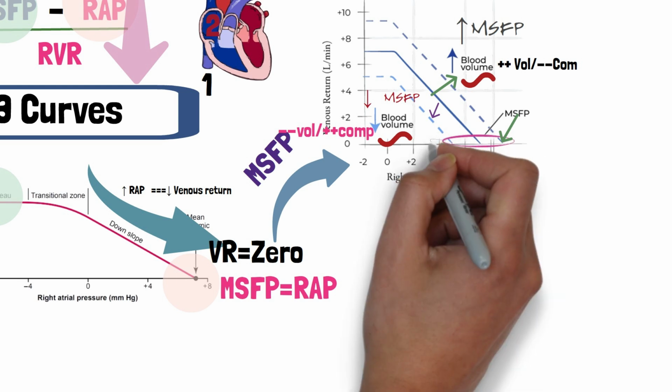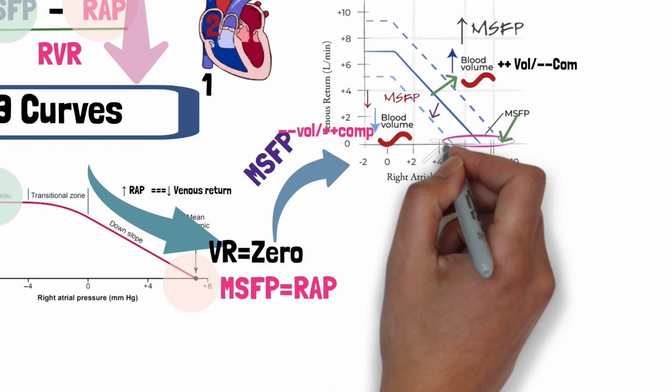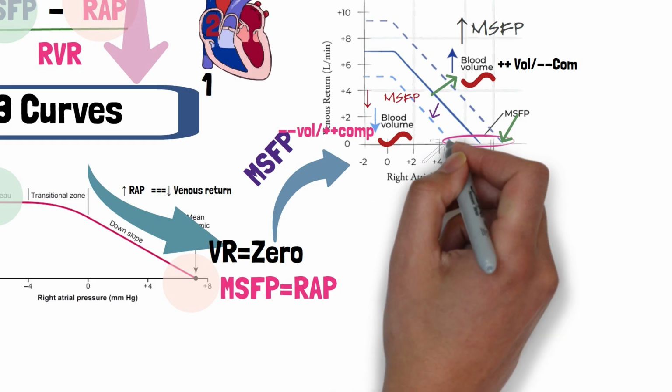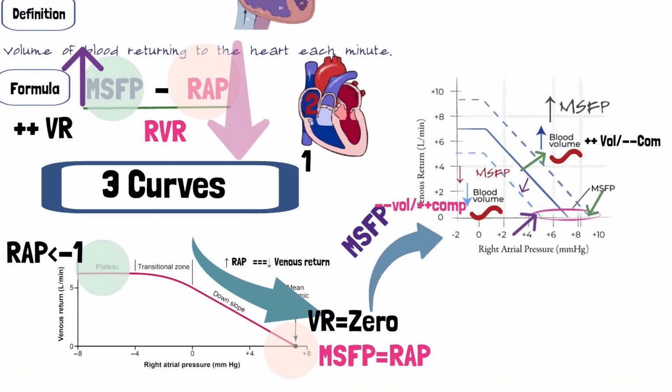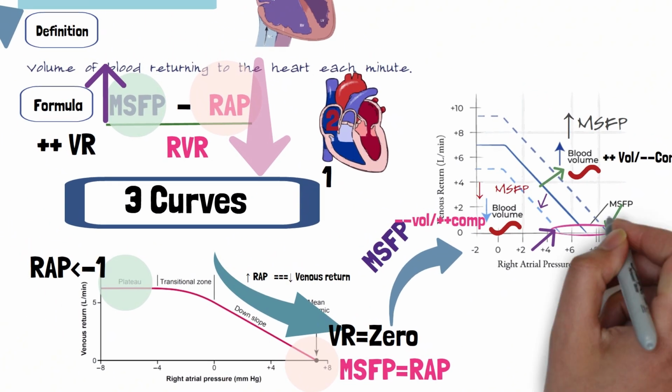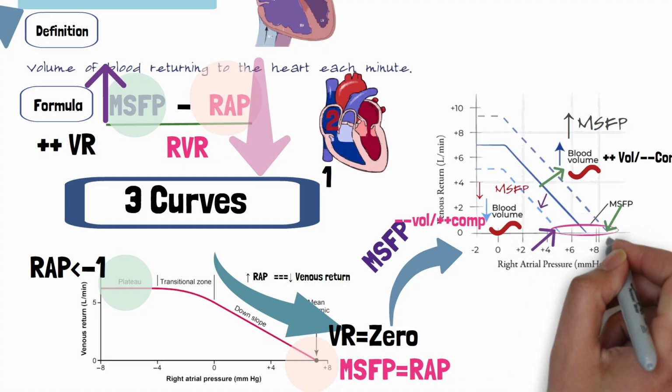So at the same right atrial pressures, the value of the venous return will decrease compared to the normal curves. And the intercepting point also moves because the mean systemic filling pressure has changed.